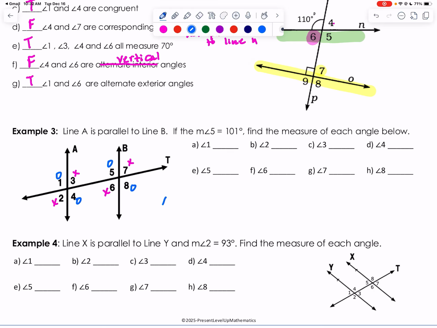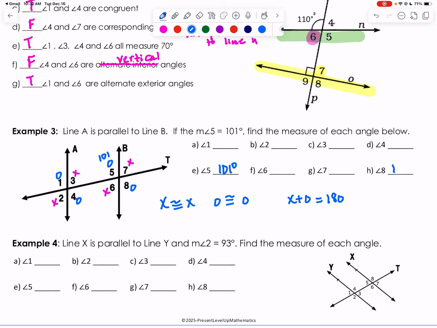Okay, so remember, every X is congruent to every X, every O is congruent to every O, and X plus O is going to equal 180. All right, so if I know the measure of angle 5 is 101 degrees, I can go ahead and write that right here, then I automatically know the measure of all of the O's.